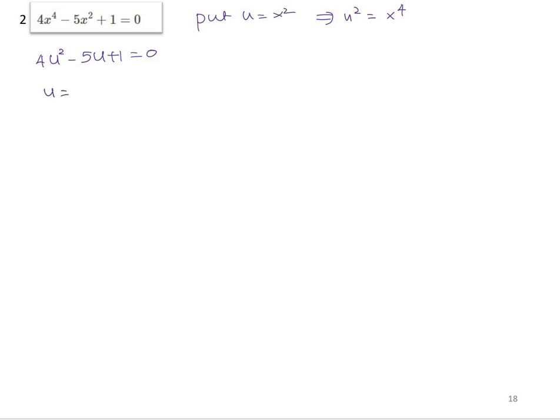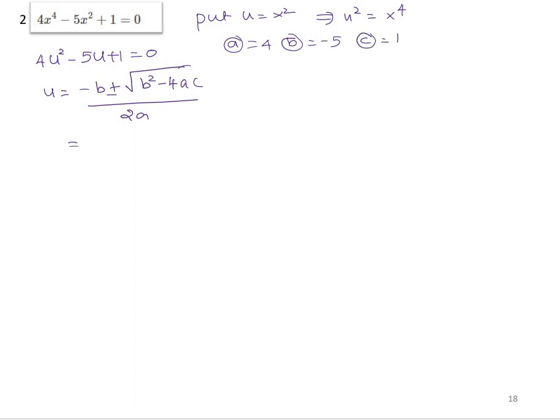u is equal to negative b plus or minus square root of b square minus 4ac over 2a, right? And a is 4, b is negative 5, and c is 1.